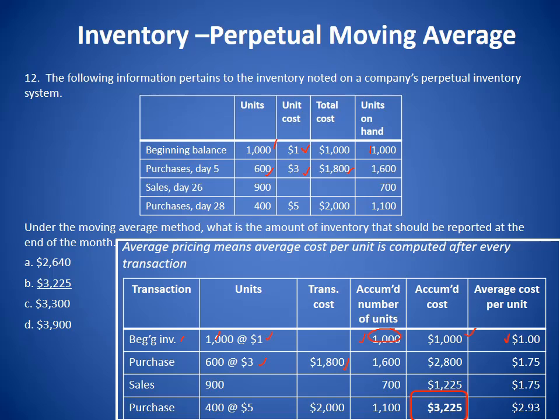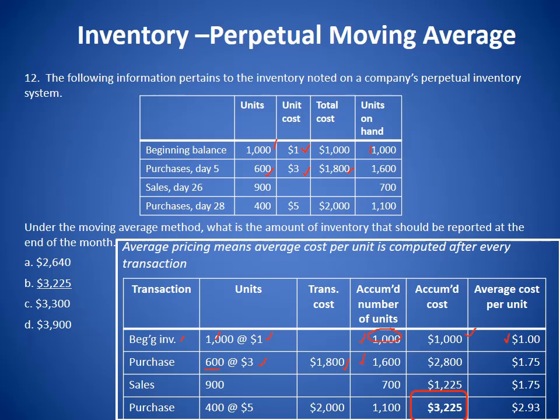And the number of accumulated units would be equal to our previous 1,000 plus the additional 600 units. So the accumulated number of units to date is 1,600 units.